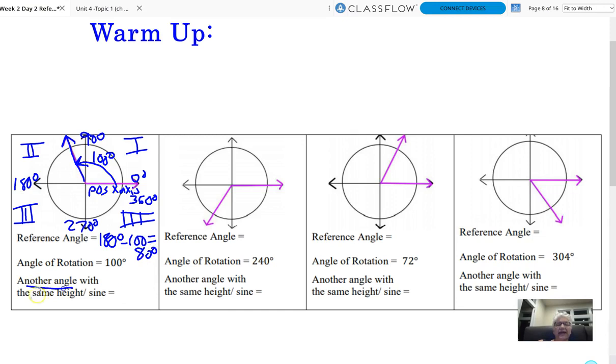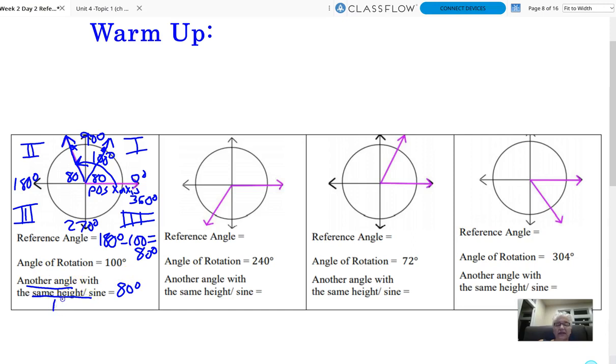Now, to find another angle with the same height, there are 2 ways to do it. Number 1, you can use what you know about symmetry and go backwards to the same height on the circle. If this reference angle is 80 degrees, then this reference angle is 80 degrees. And you can say 80 degrees has the same sine ratio or the same height in the circle as 100 degrees of the angle of rotation.